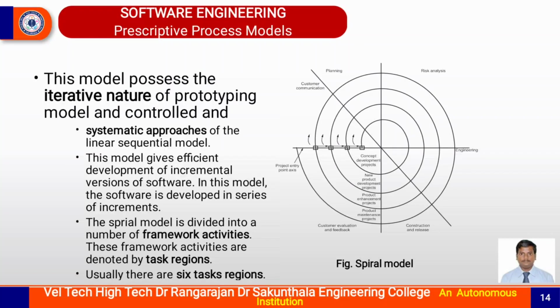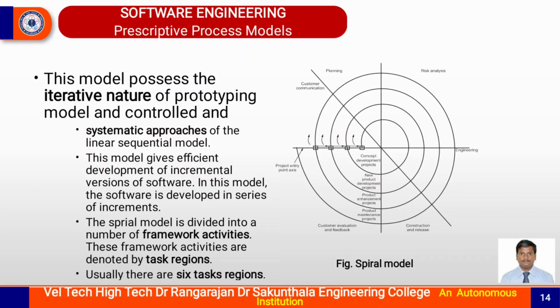So, next comes the iterative nature, based on the spiral model. What is called the spiral model? The spiral model is segregated into 6 different parts: customer communication, planning, risk analysis, engineering, construction and release, and customer evaluation and feedback, with the project entry point.